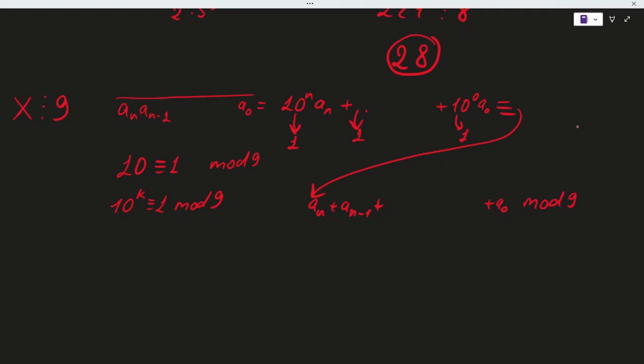Here we can check one example. If we take 981, for example, we can see that the sum of the digits equals 18, and this number is divisible by 9 because this is 109. And the sum of the digits is 18. Clearly, a similar idea will work for every number.